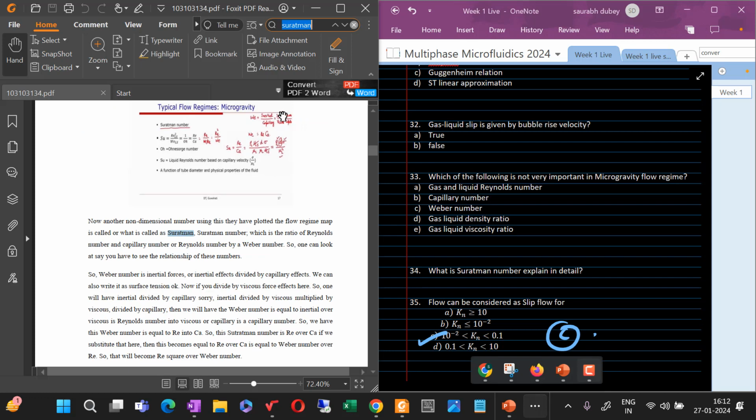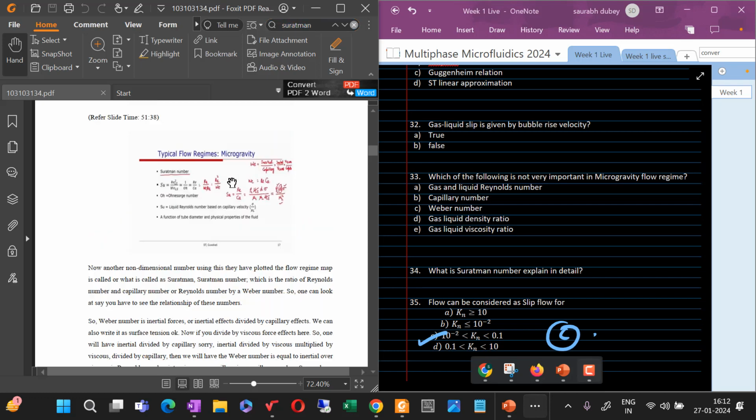Now you see, in the concept of microgravity, sir told that the Suratman number is the ratio of the Reynolds number to the capillary number. You know that the capillary number is the Weber number to the Reynolds number.